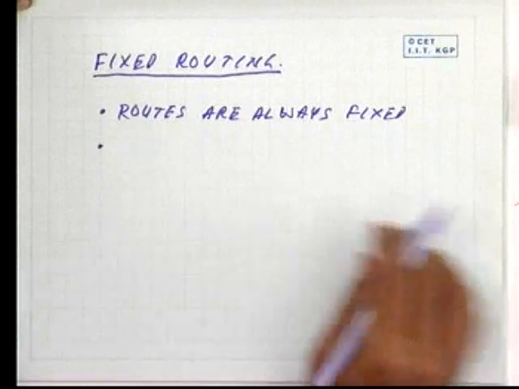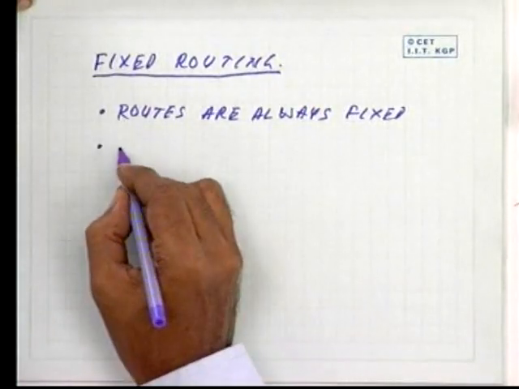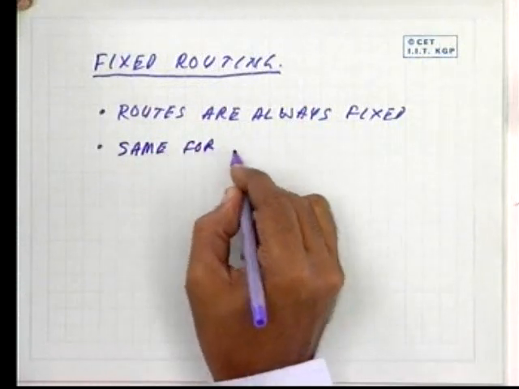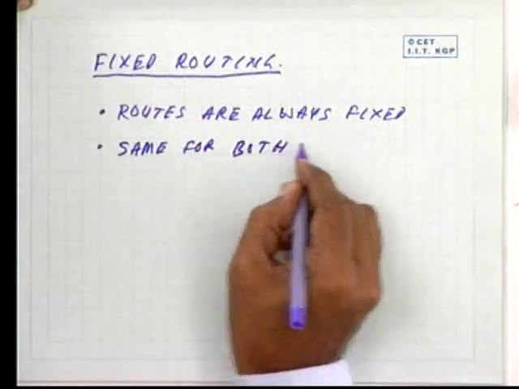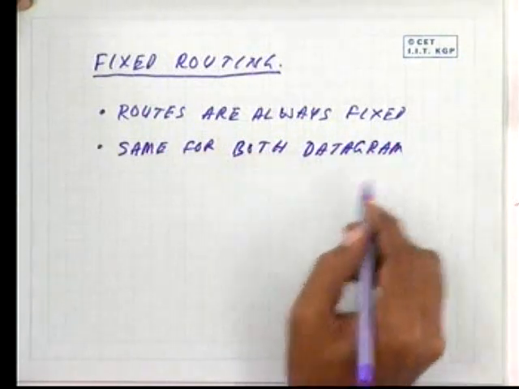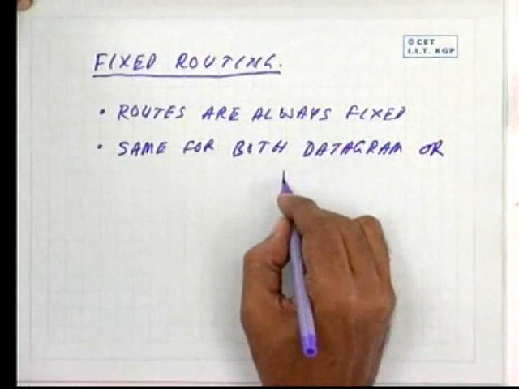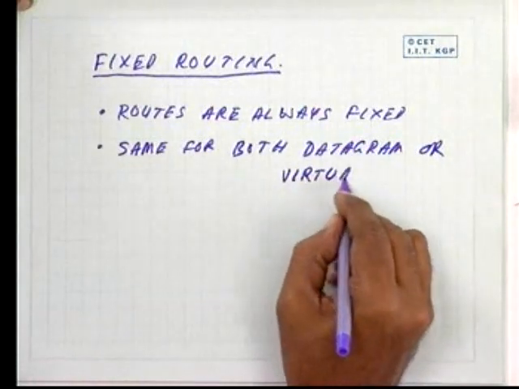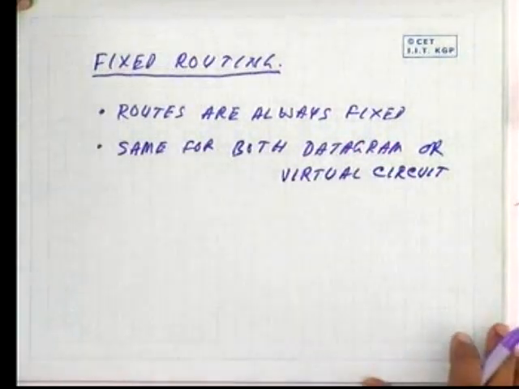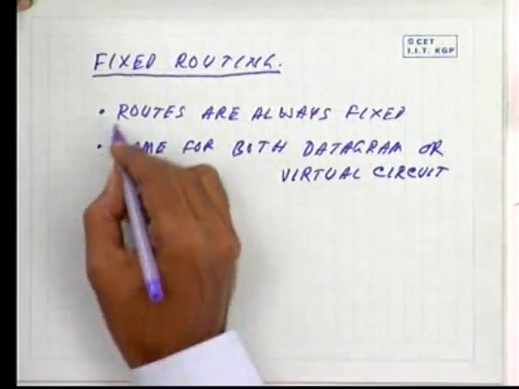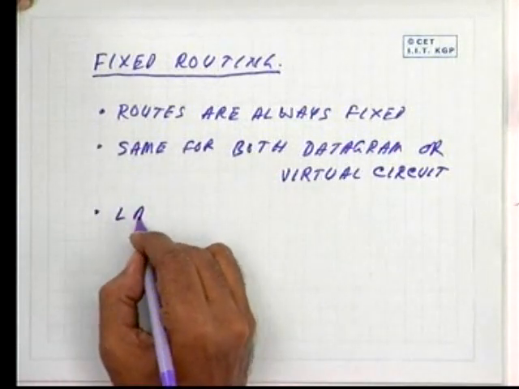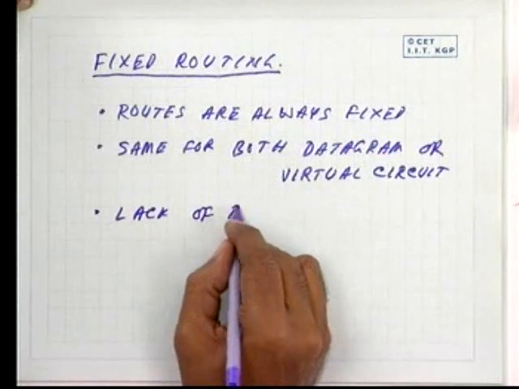And in this particular case, the routing approach will be the same for both datagram or virtual circuit. And because of this fixed routing, it suffers from lack of flexibility.